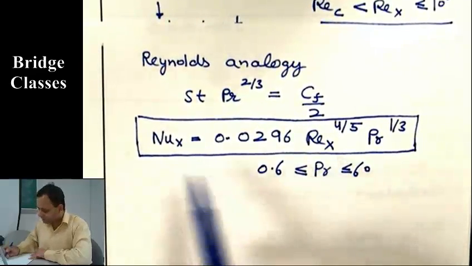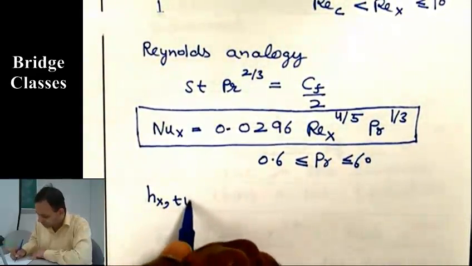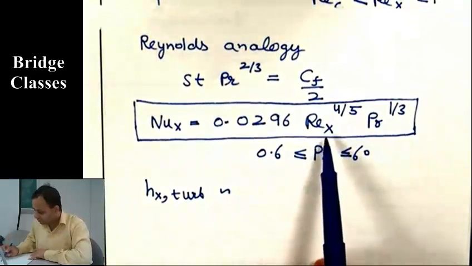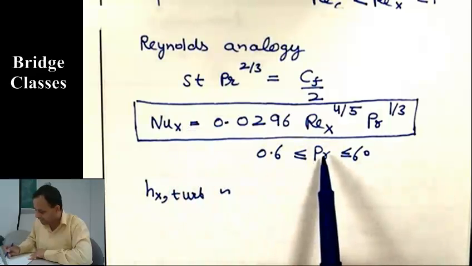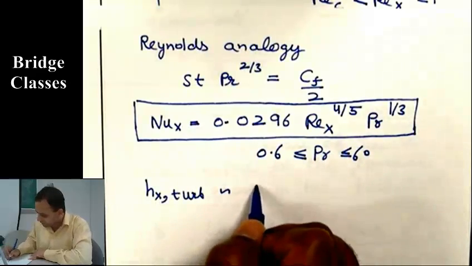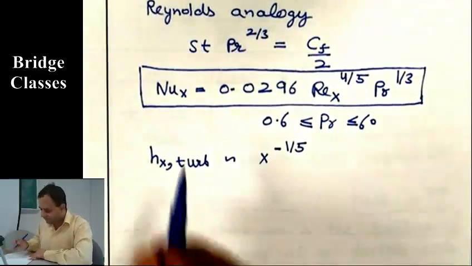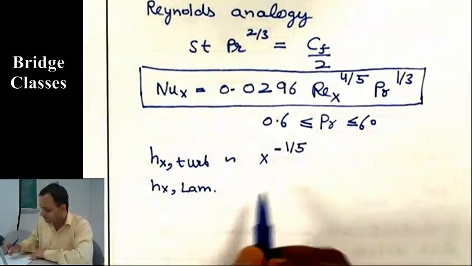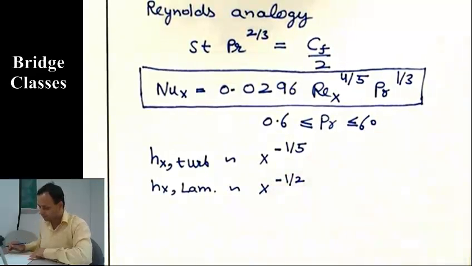Okay. So again, you can see, based on this expression, the local convection coefficient in the turbulent region varies with, you have x to the power 4 by 5 here, and then you'll have x coming down here when you consider the convection coefficient. So it will be x to negative 1 over 5. Okay. Whereas the variation of hx in the laminar region, you had an expression for that previously, it was like x to the negative 1 over 2. Okay.